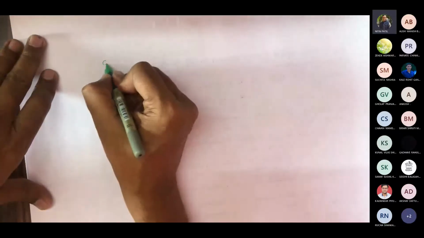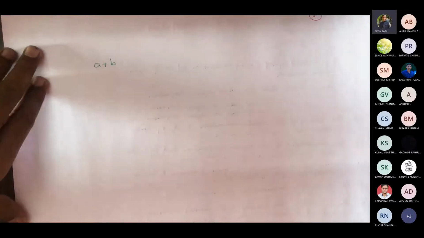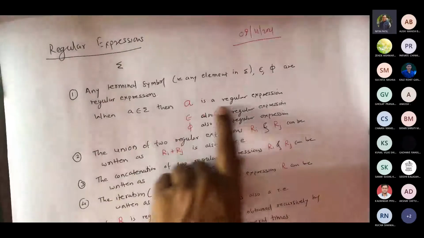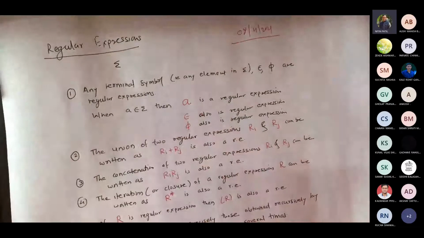Suppose I am given a regular expression A plus B. In this case, A is a regular expression and B is a regular expression. If I talk about A and B, I can think of this rule: A is a regular expression with A belonging to sigma, so any symbol belonging to sigma.